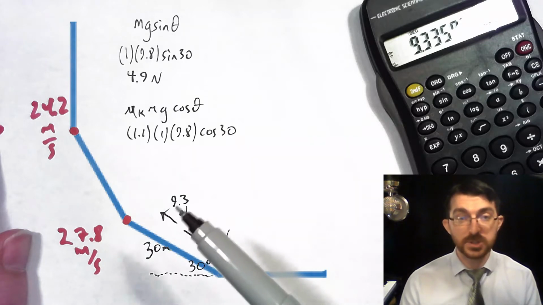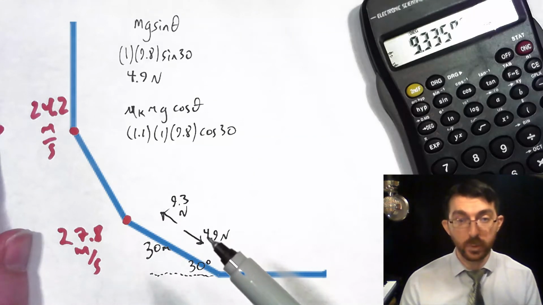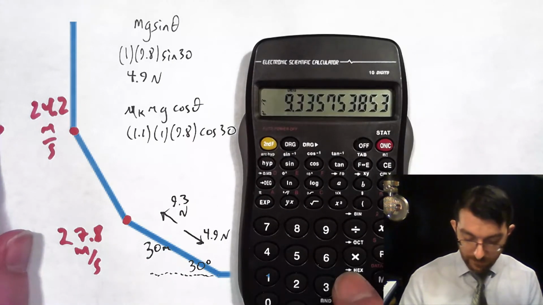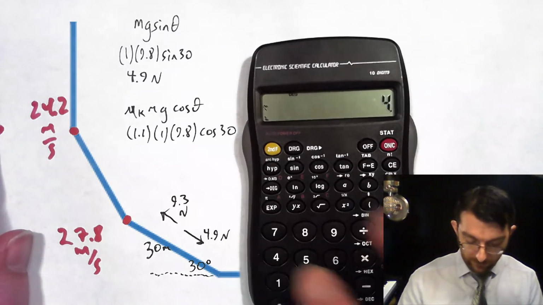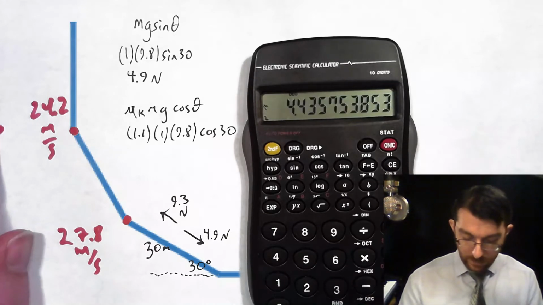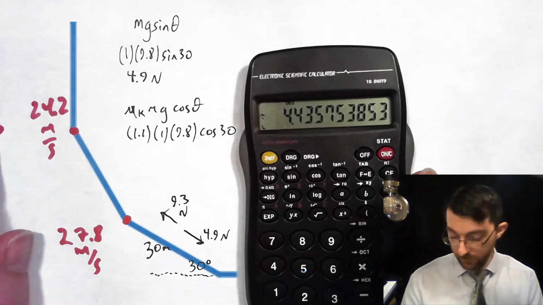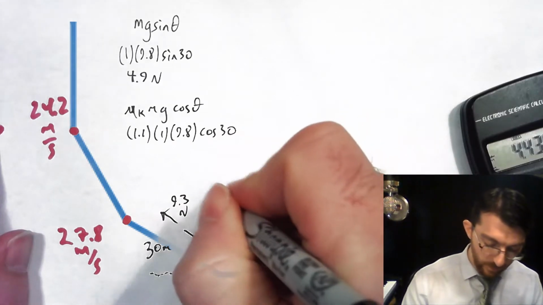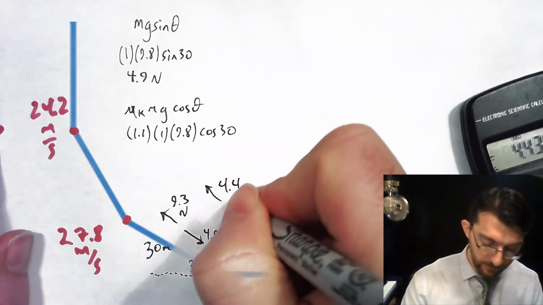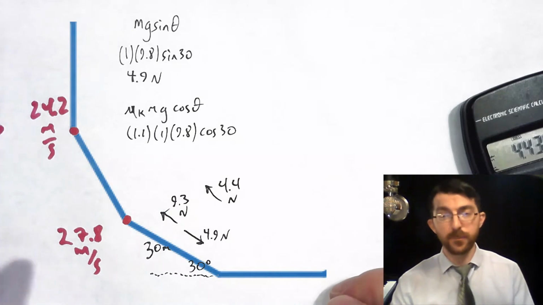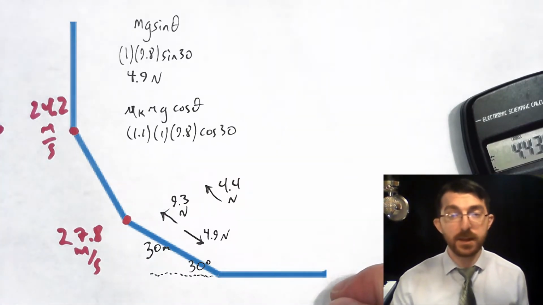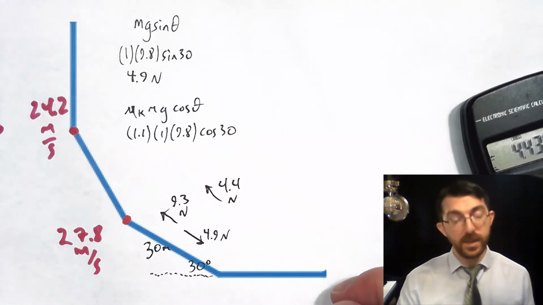Since the force of friction is stronger than the force pulling it down, I could just do this minus 4.9, and I get 4.4. So this is the net force here. As before, since the mass is 1 kilogram, that means that the force is 4.4, the acceleration is also 4.4.